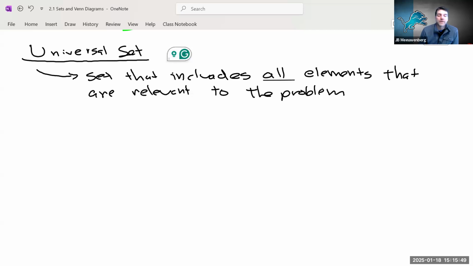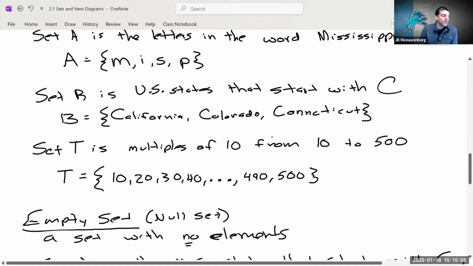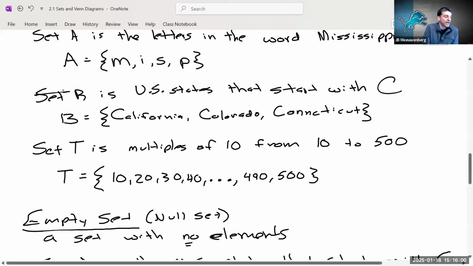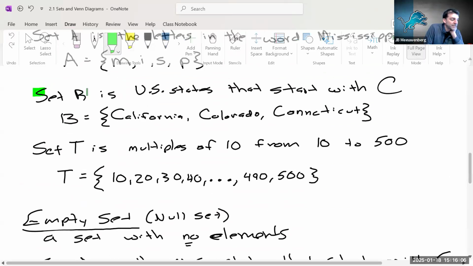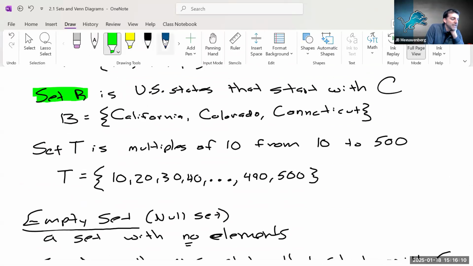So earlier, in fact, let me just scroll for a second. We did a problem, this one right here, where we were looking at set B, the US states that start with the letter C. So just consider that for a second.